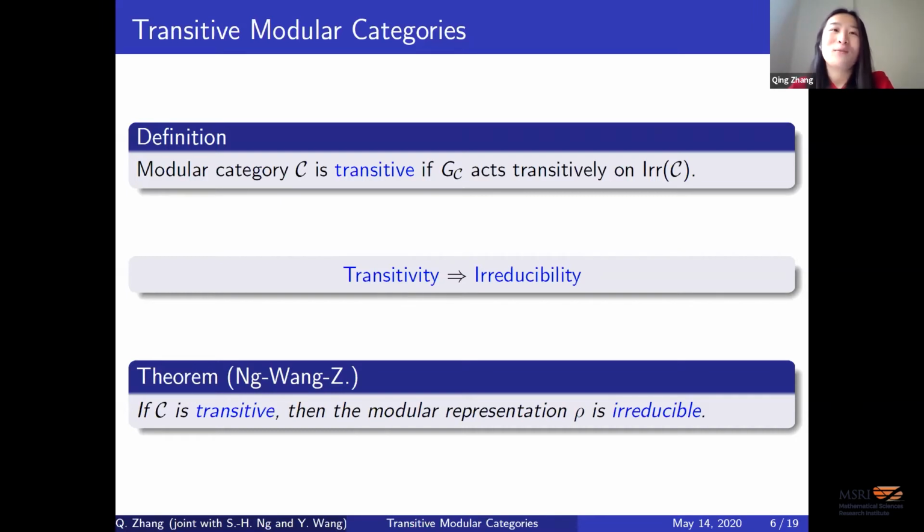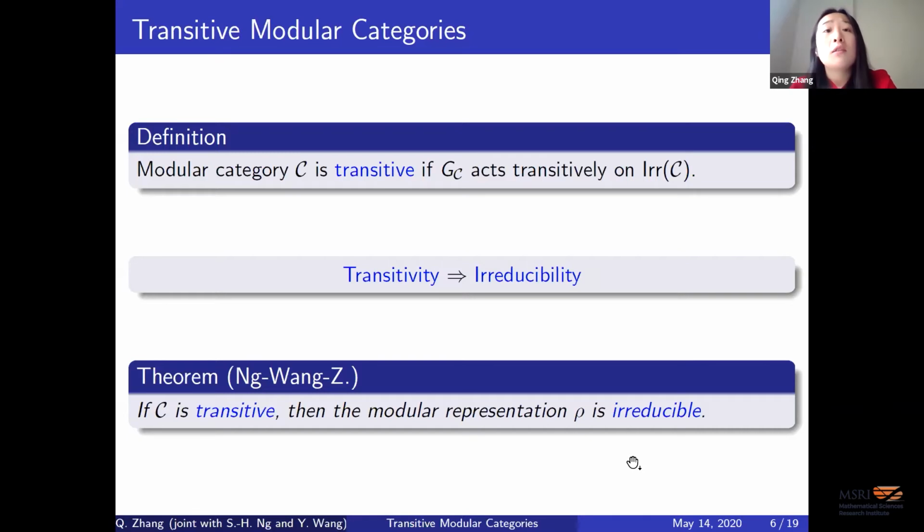Why do we think this result is important? As we mentioned earlier, the modular representation rho factors through a finite group SL2Z mod n. Using the Chinese remainder theorem, we can reduce the irreducible representations of SL2Z mod n to the case when n is a prime power.